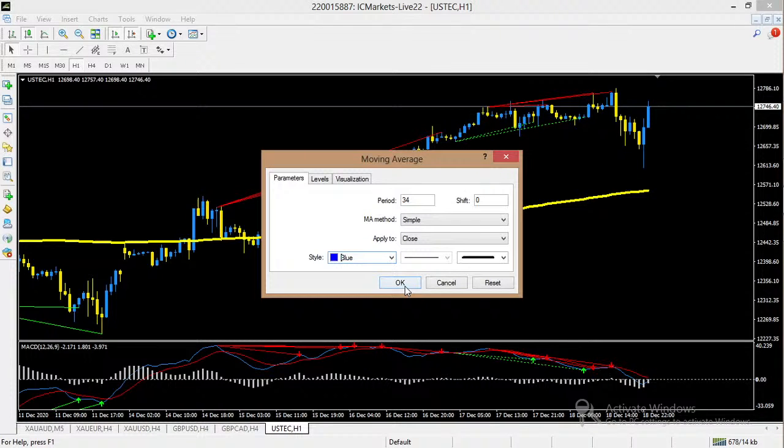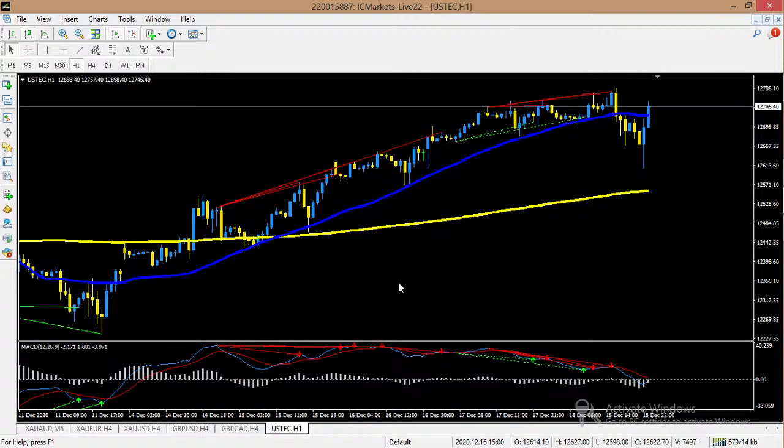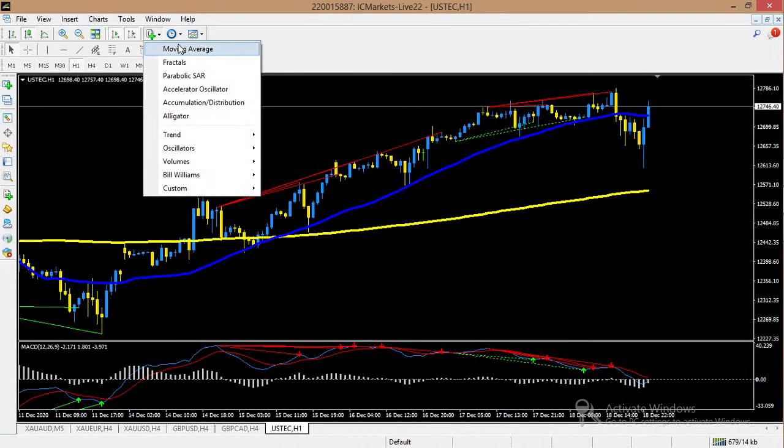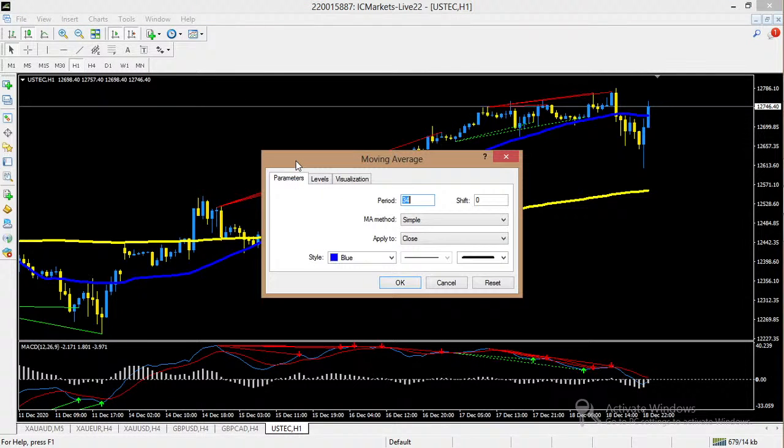I want to show you the secret and how to use multiple moving averages. Select indicator list, then you choose 10 moving average, then you set the method to exponential.